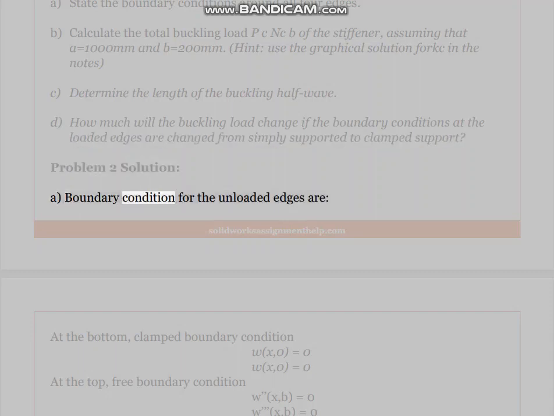Problem 2 solution. A. Boundary conditions for the unloaded edges are: at the bottom, clamped boundary condition, w at x equals 0 equals 0 and w,x at x equals 0 equals 0; at the top, free boundary condition, w,xx at x equals b equals 0 and w,xxx at x equals b equals 0.